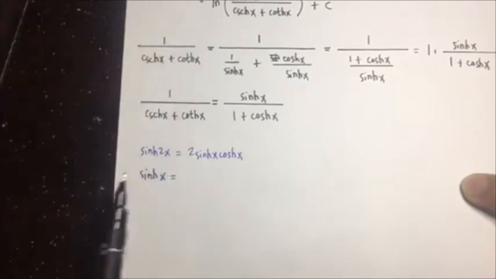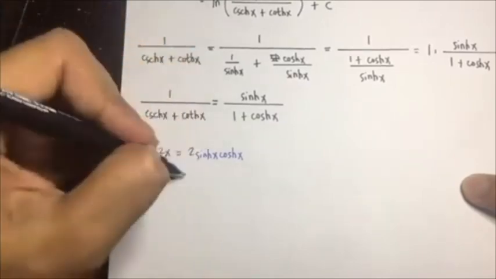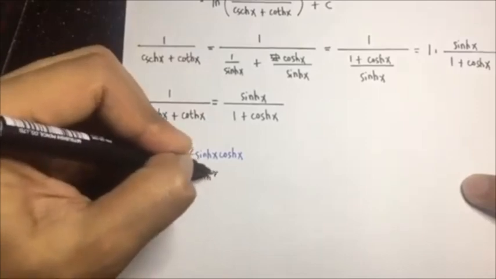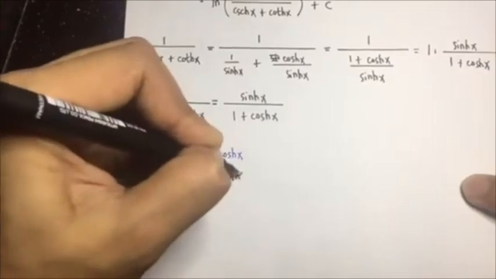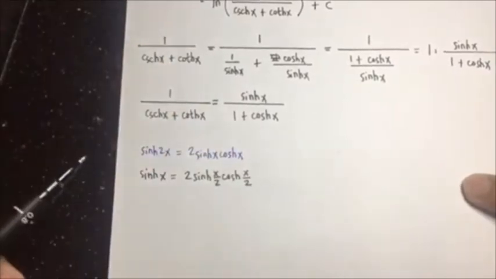So therefore, you can also say that hyperbolic sine of x is equal to 2 hyperbolic sine of x over 2 and hyperbolic cosine of x over 2.